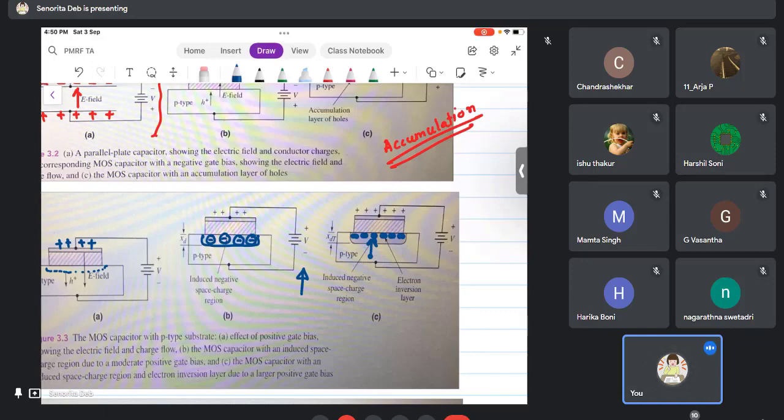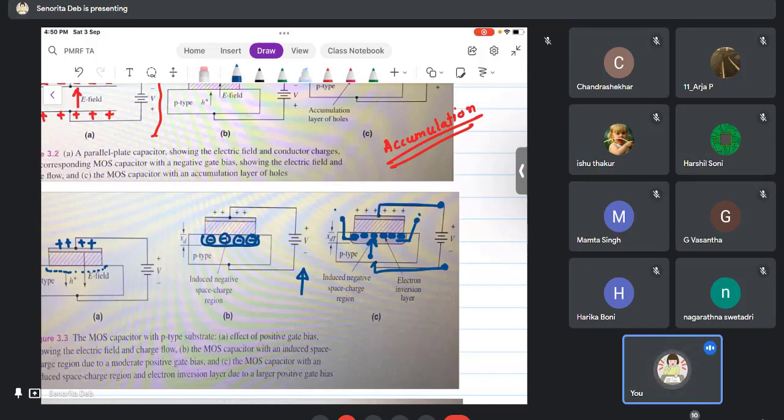If I have a terminal from here in the channel, there will be a current flow between these two terminals, and the current flow is due to the voltage between them. So I am applying the voltage at one terminal and getting the current at another terminal, which is the basis of transistor action, right?